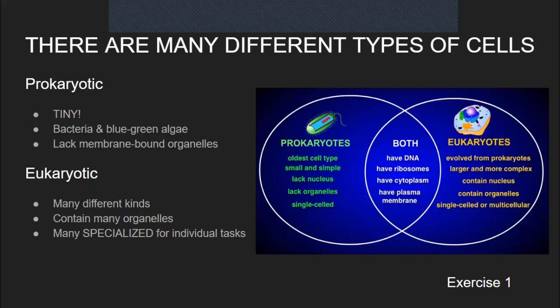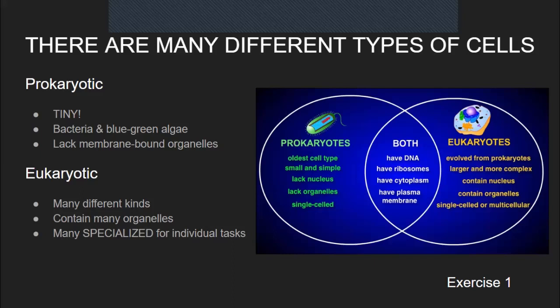Now, they still have DNA, because that DNA is the building instructions or code that determines everything else that becomes part of that cell. It's just not found within a nucleus. It's free floating within the cell.